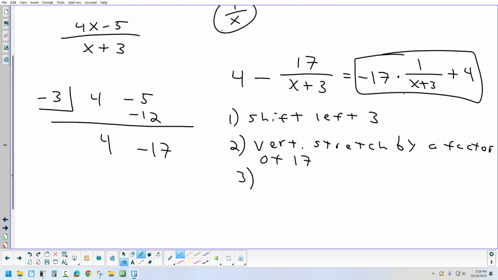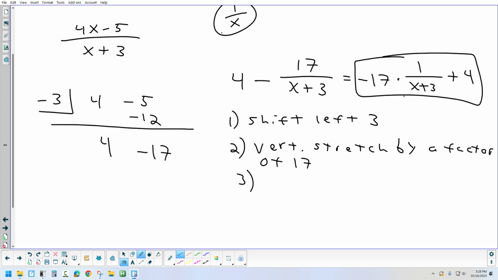What's the third thing we look at? Yeah, reflection. What kind? X-axis. Yep, reflect over the x-axis. And the last thing.